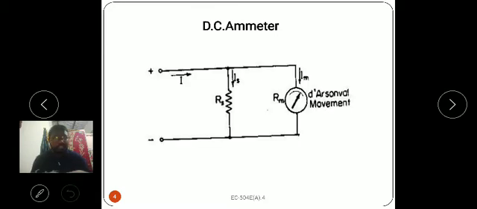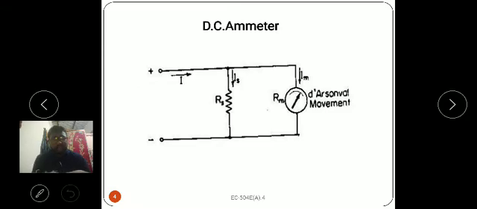Before going to explain the DC ammeter extension principle, I am going to explain the ammeter circuit. Generally, the ammeter is used to measure the current.